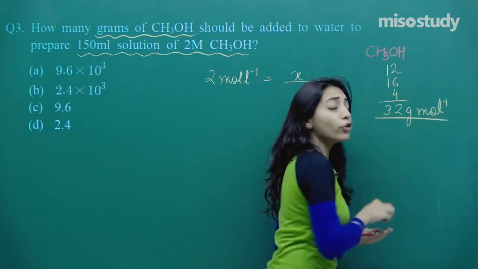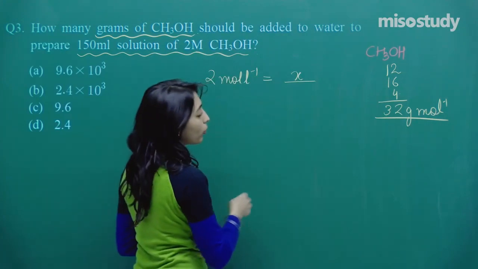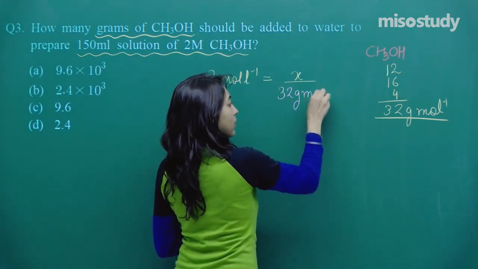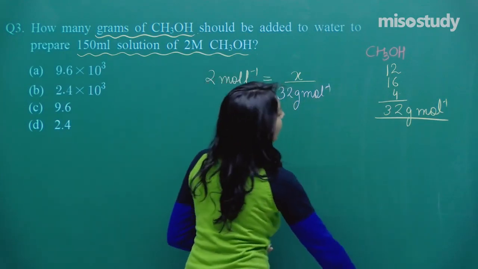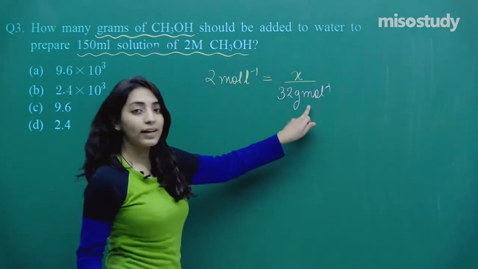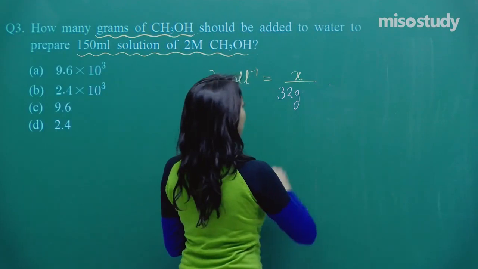So, guys, I want you to be very, very careful while you write the units. So, the units are coming out to be 32 grams per mole. Okay, let me just rub it. So guys, can I take this per mole to the numerator and write?